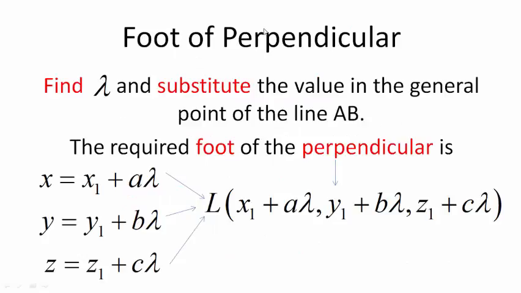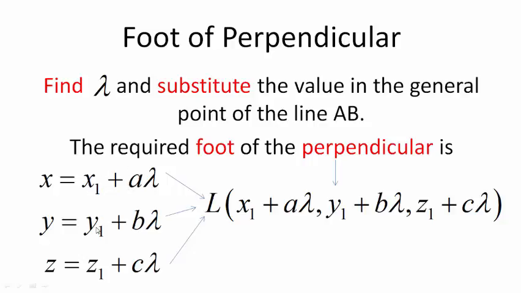Now the foot of the perpendicular. Find lambda using the last equation and substitute the value in the general point of the line AB. So the required foot of the perpendicular: when we substitute the value of lambda in the coordinates you found for L, you will have x equal to x1 plus a lambda.